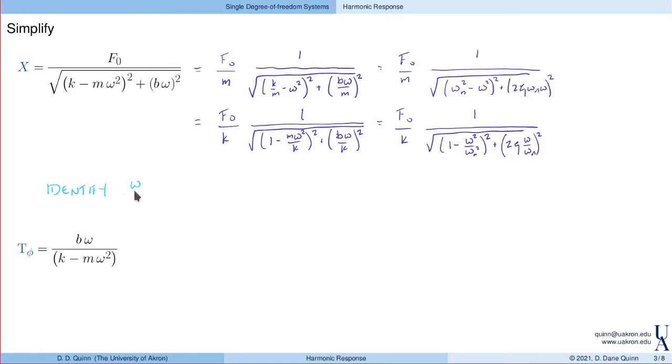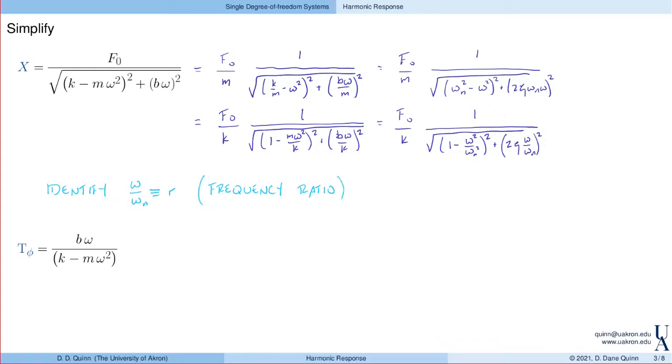So it's omega divided by omega n as a new parameter, kind of like the damping ratio. But this parameter r will be known as the frequency ratio. So again, it's the ratio of the forcing frequency to the natural frequency.